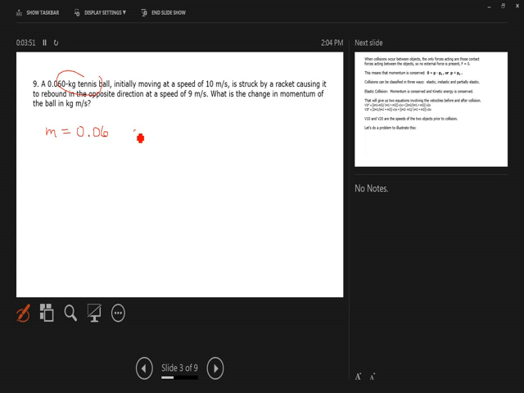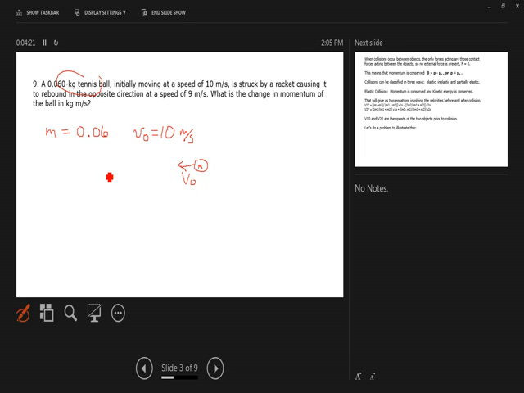Right? Okay, so that's our V0. I think I'll draw it like this. Initially, let's say the ball is moving to the left. Okay. Velocity V0 and mass M.